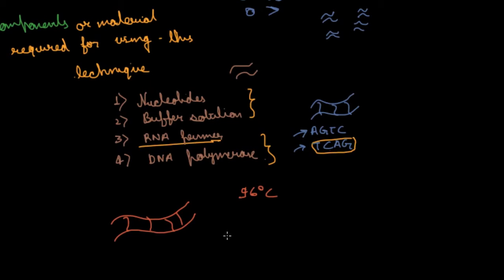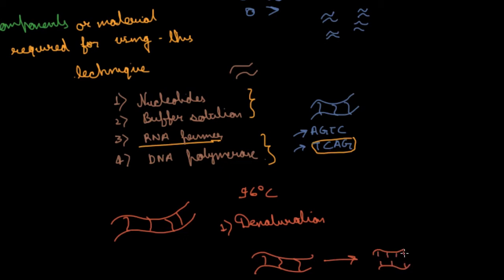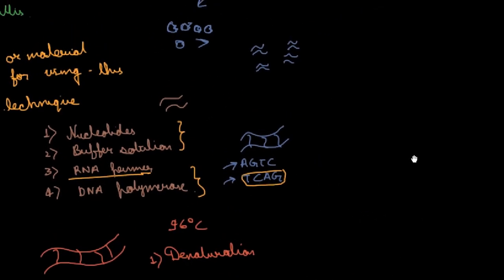We are raising the temperature for denaturation of DNA. Denaturation means converting this double-stranded DNA into single-stranded DNA. So why are we converting it to single-stranded DNA?